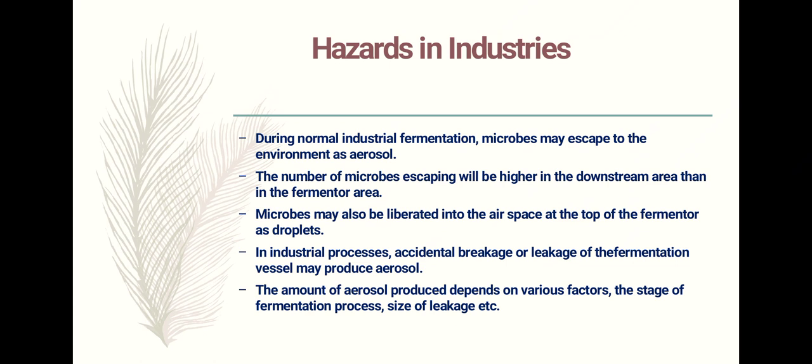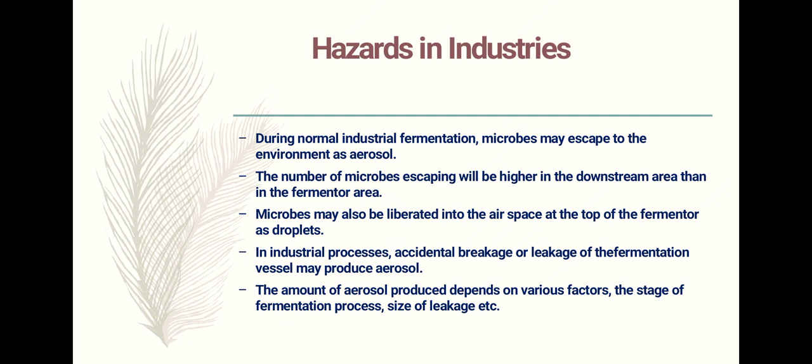Now we will see the hazards in industries. During normal industrial fermentation, the microbes may escape into the environment, mainly in the form of aerosol. So this is more prone in the downstream area, that is the product recovery area. And also the contamination chances are more in the airspace, that is at the top of the fermenter.